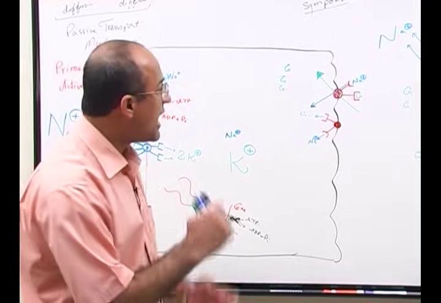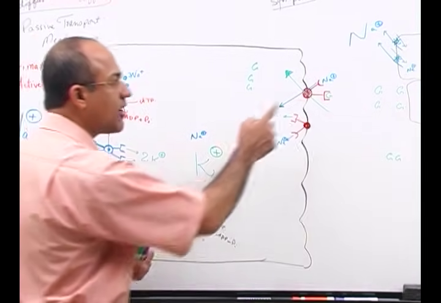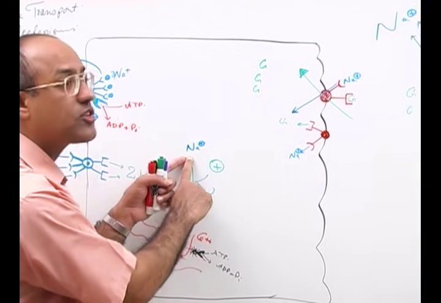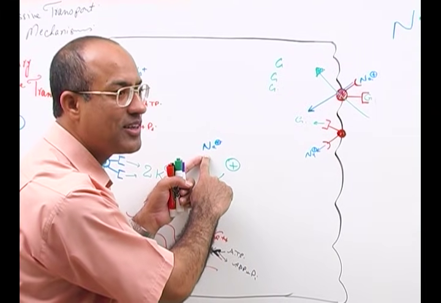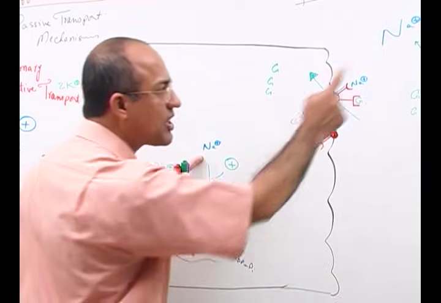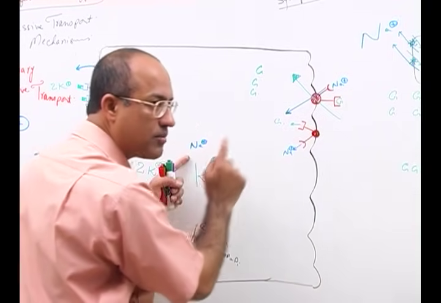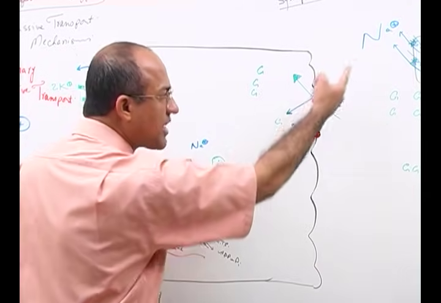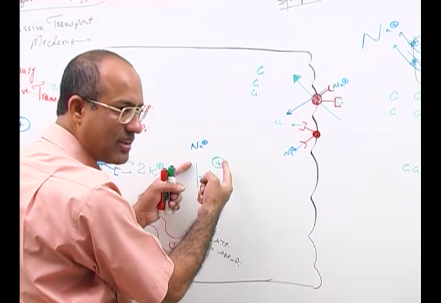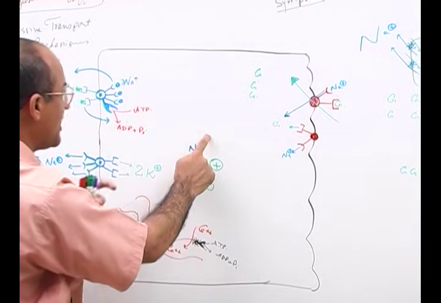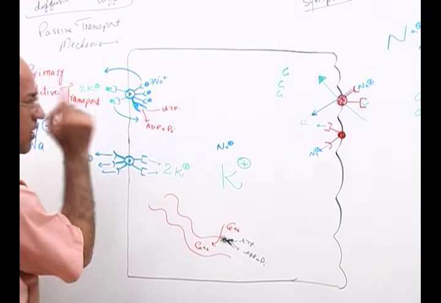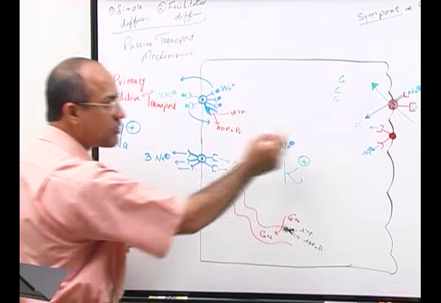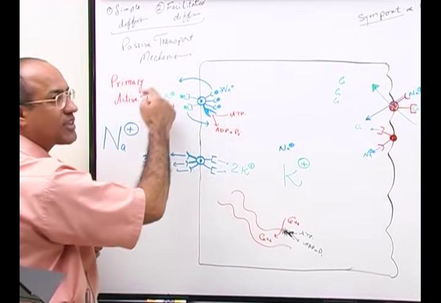Let me tell you. Actually, this transporter will keep on working until inside the cell sodium concentration is low. Sodium gradient outside the cell should be high and sodium concentration inside the cell should be low. So this sodium gradient is produced by utilization of ATP by this pump. Whatever sodium is coming in, this pump is actively throwing out.